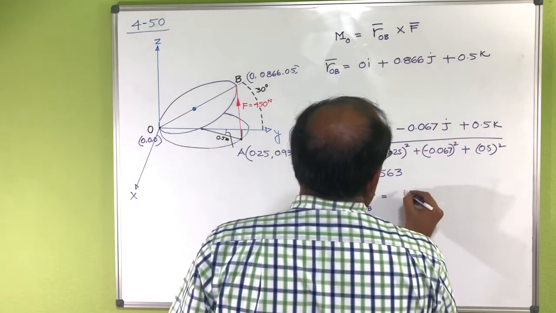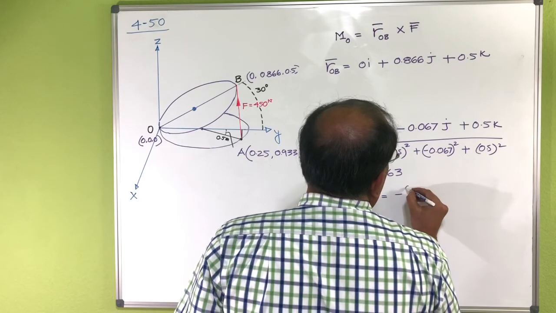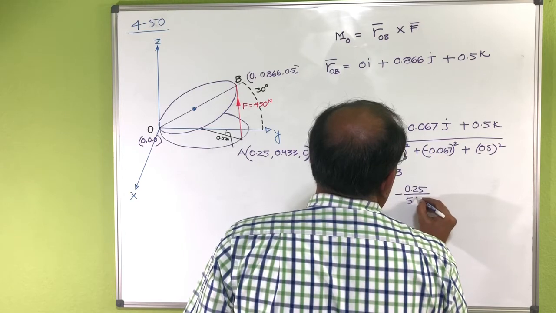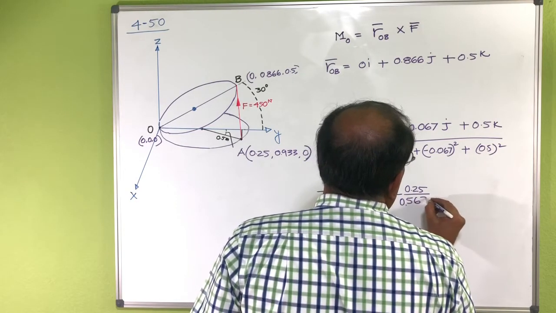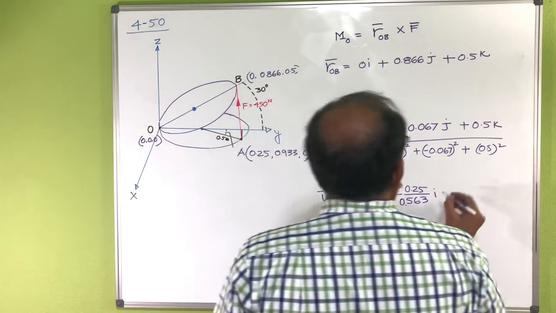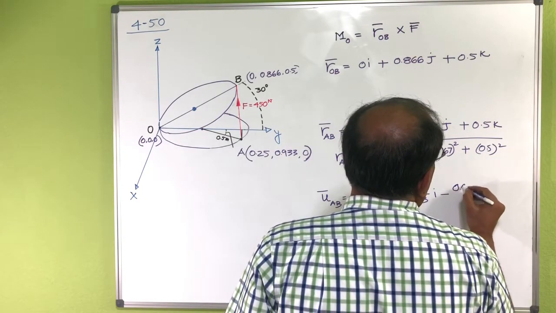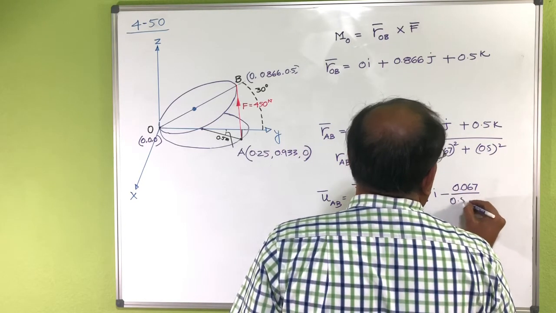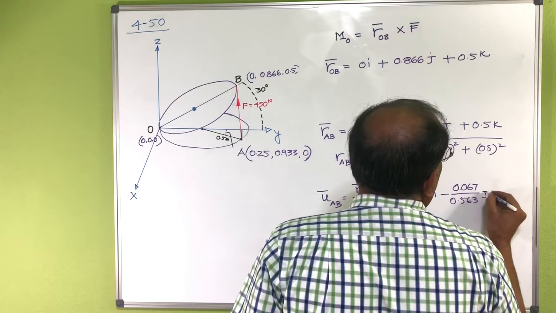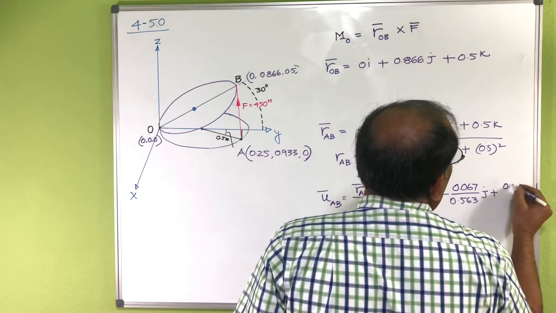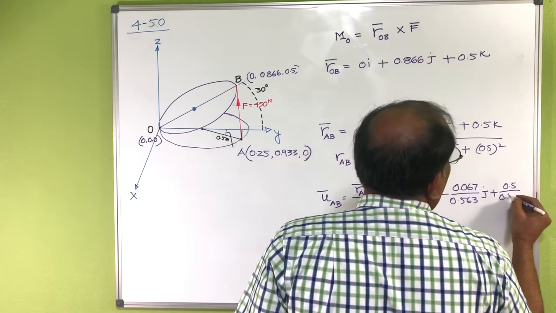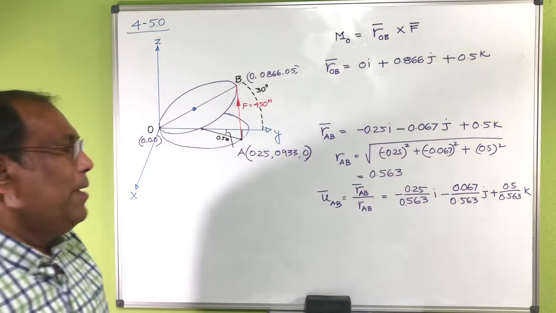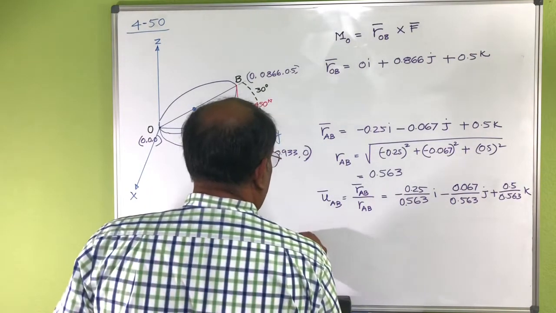So this one is minus 0.25 divided by 0.563 I, minus 0.067 divided by 0.563 J plus 0.5 divided by 0.563 K.